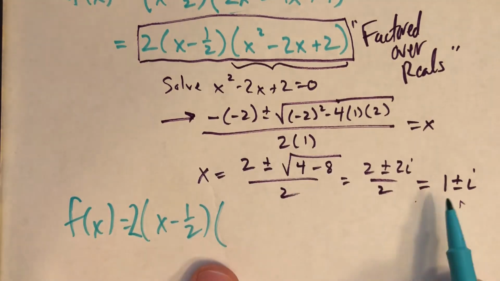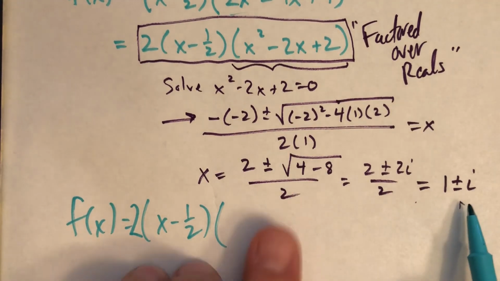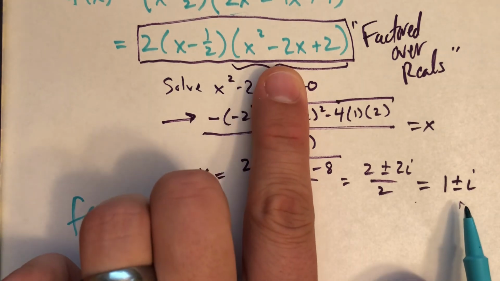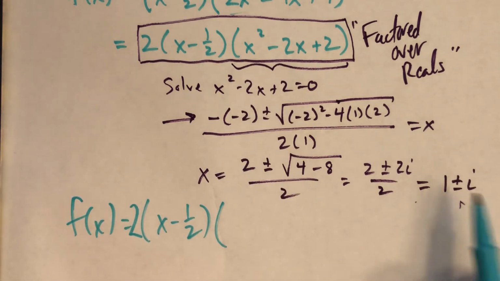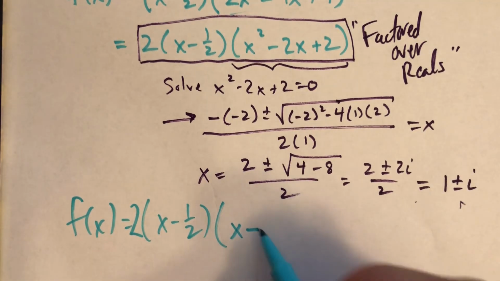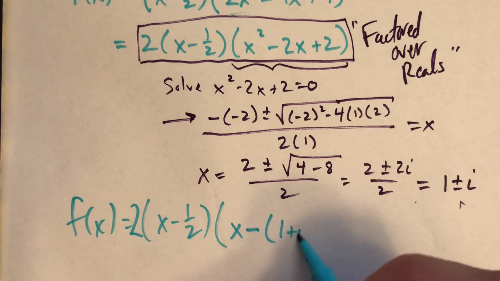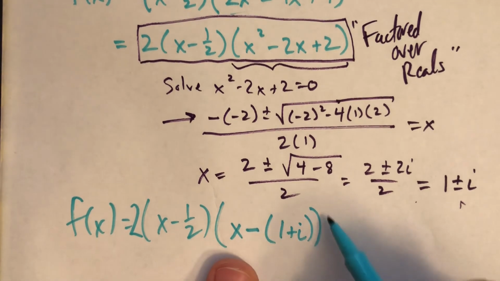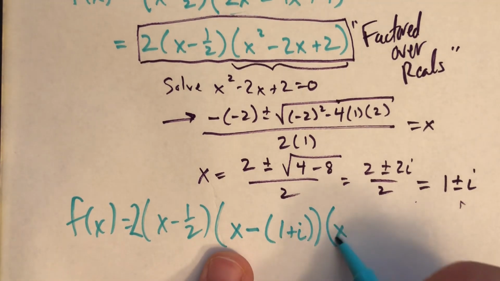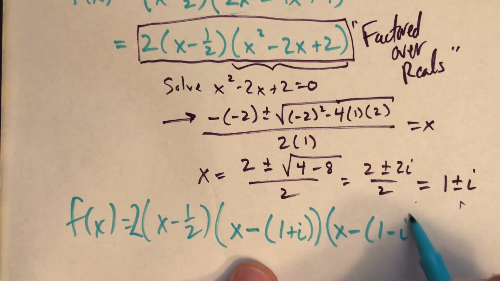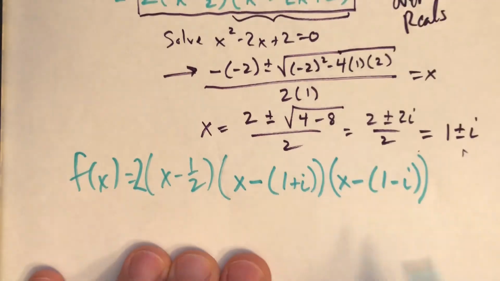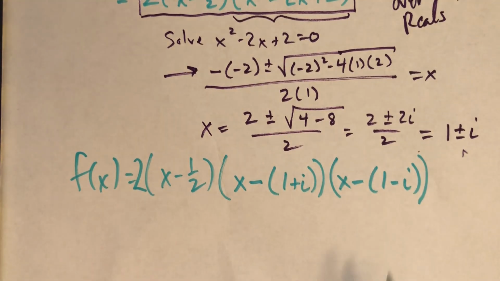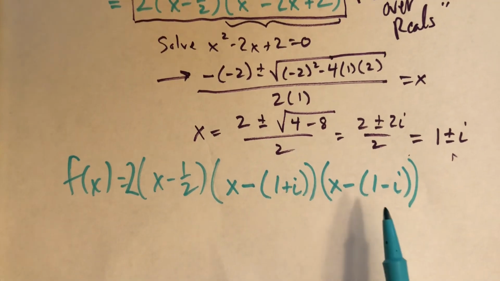And then we can write this quadratic factor as a product of two linear factors using these zeros, right? Because we know that x minus this one has to be a factor because this is a 0, right? And then x minus this one has to be a factor. If you really, really want to, you can go a step further and distribute that, but I don't think you need to. The computer, I think, will accept it either way.